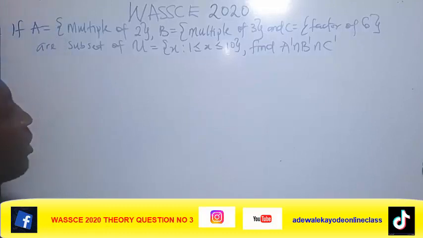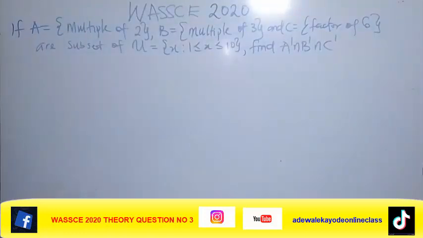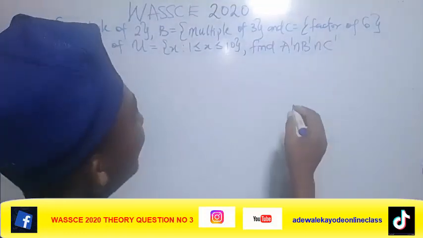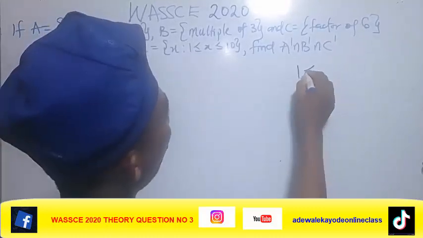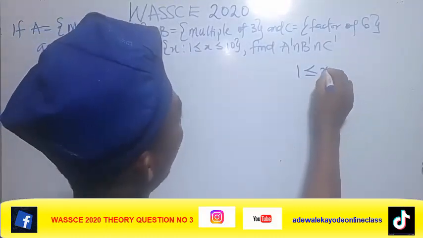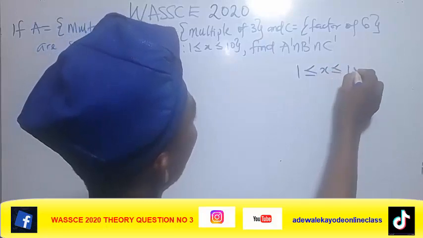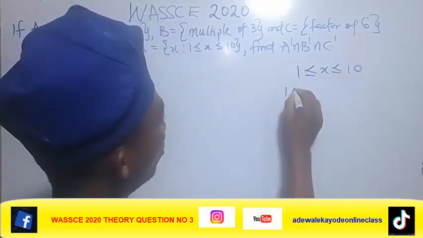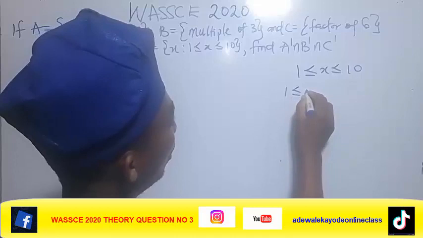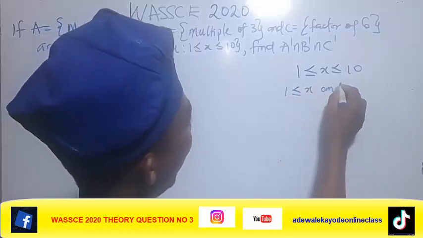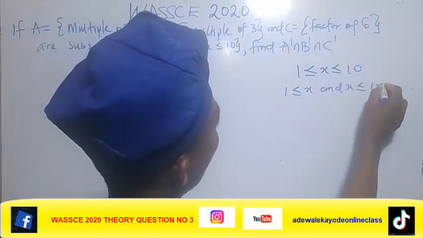When you see a question like this, you have all your sets given and the universal set. And don't forget that this universal set is given in algebraic set notation. So you have to translate that. In translating, this is talking about 1 is less than or equal to x and x itself is less than or equal to 10.